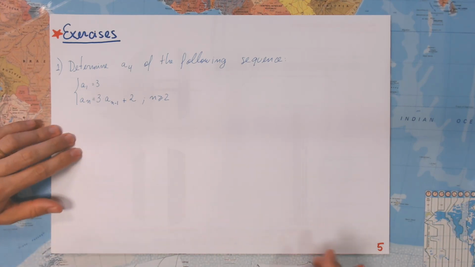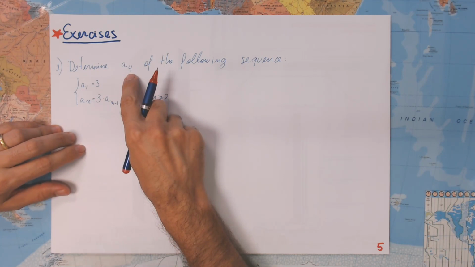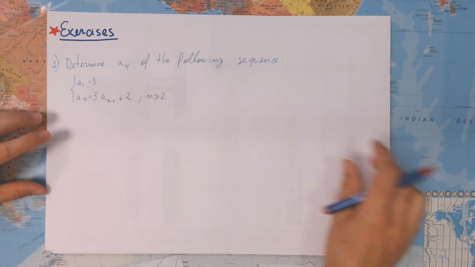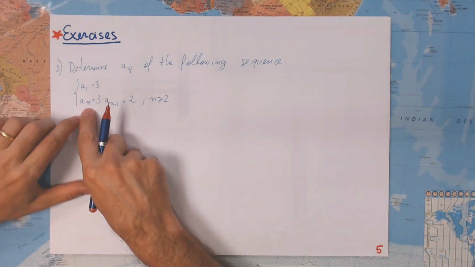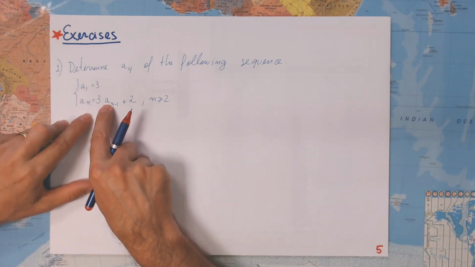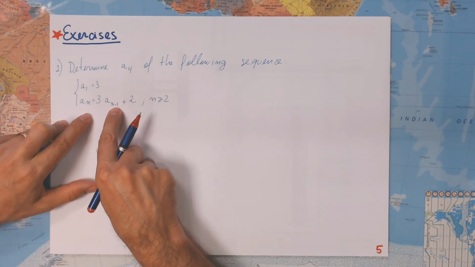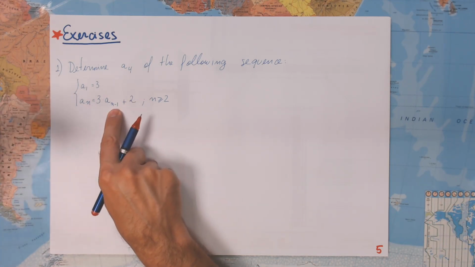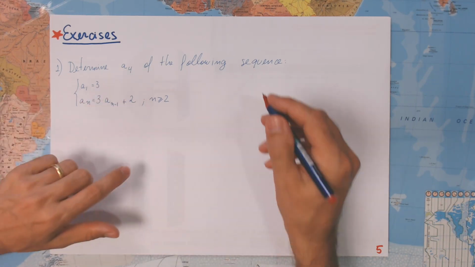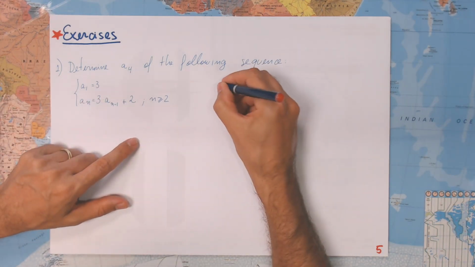Now let's see. If we just try to plug in a4, let's suppose someone said, okay, it's easy, just plug in a4 equals 3 a sub 4 minus 1, a sub 3, plus 2, but we don't have the third term. In order to get the fourth term, we have to do it one by one. So let's solve.